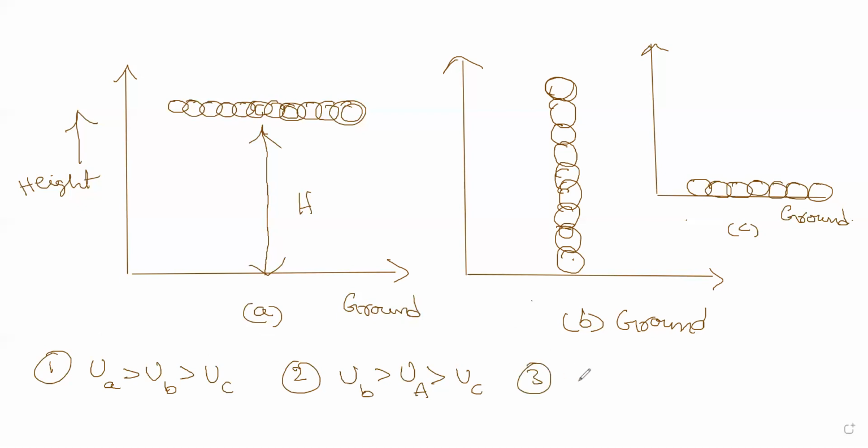Option 3 is UC is greater than UB is greater than UA. And option D is all of the above. So these are the options given. You have to solve this question.